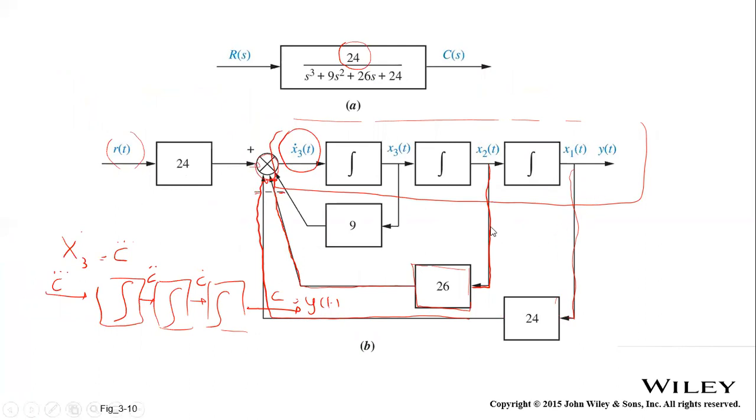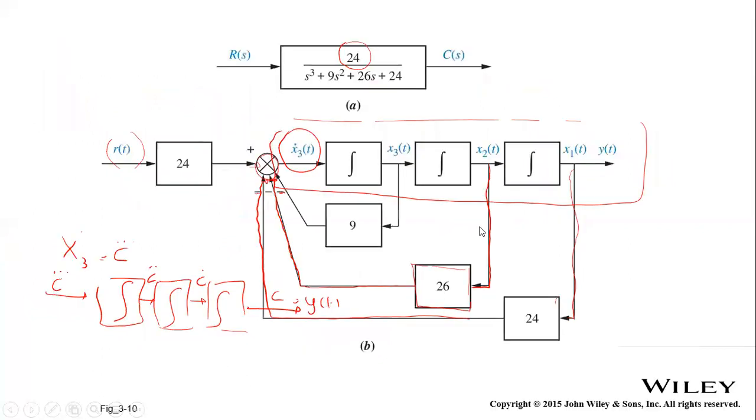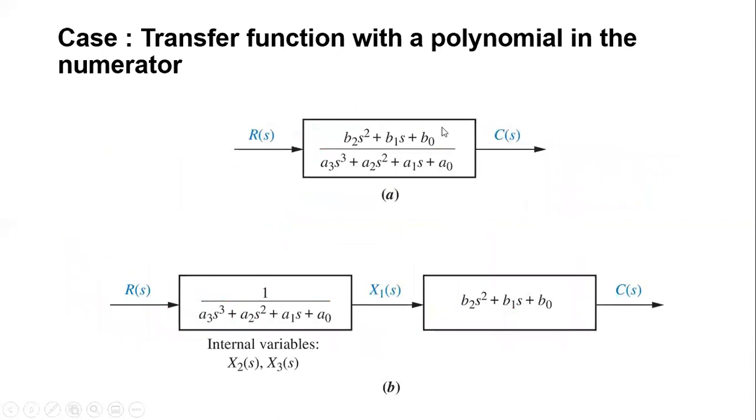All right. So next, in this case the numerator is a constant. There are cases that the numerator is not constant, but instead it is a polynomial. So how do we do? If the numerator is a polynomial, the first thing is we split the block diagram into two.